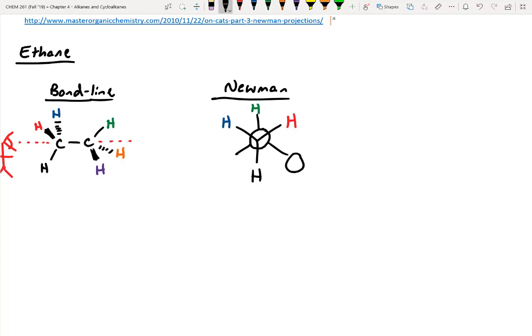If we're looking down through this, let's ignore the front carbon now and focus exclusively on the back carbon. The purple hydrogen is going to be coming out towards you, while the orange one's going into the board. And if we imagine that, which one's going to be on the right? The purple one. So we can say the purple hydrogen must be here, and the orange one must be there.